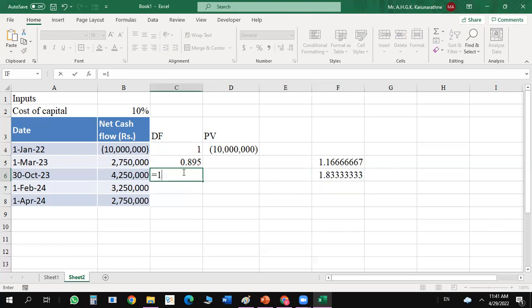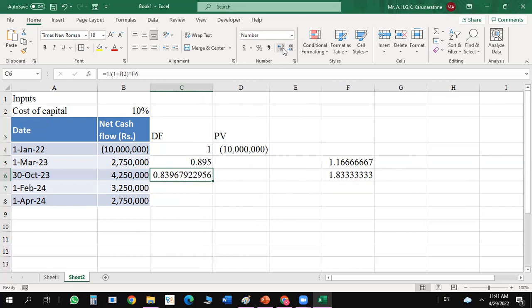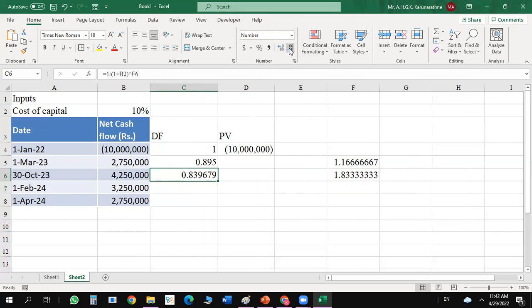Equal 1 divided by 1 plus discount rate to the power this. So this is our discount factor.